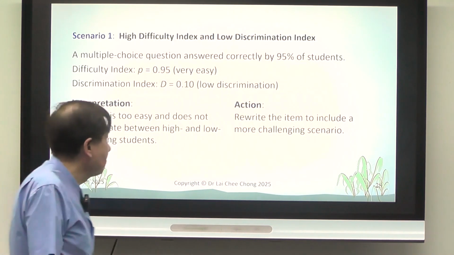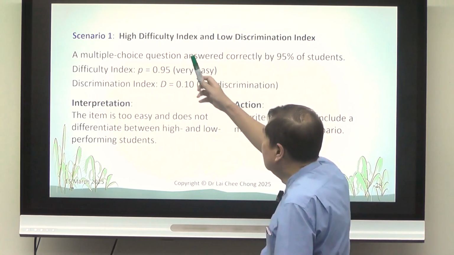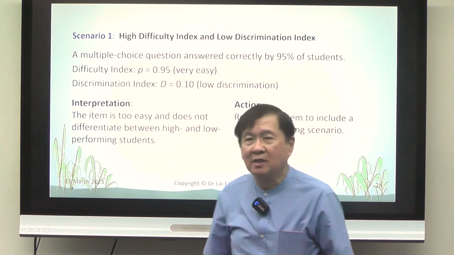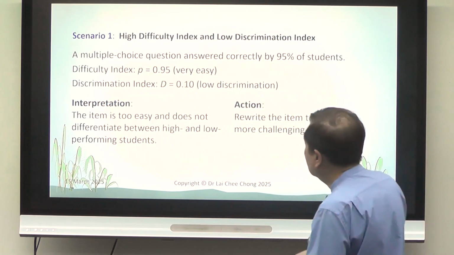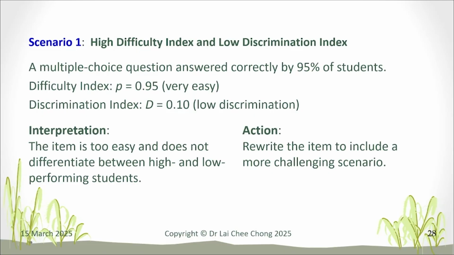Look at the first scenario. You have a very high difficulty index but a low discrimination index. What does that mean? Let's say you have a multiple choice question and 95% of students answer correctly. That means your P is 0.95. But the discrimination index is 0.1, very low.